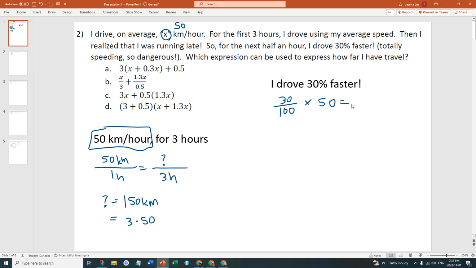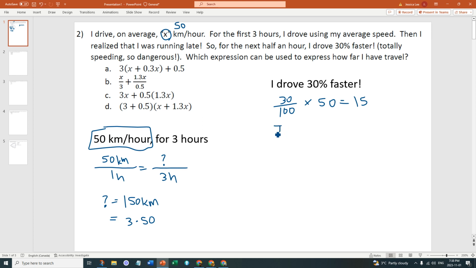So 30 divided by 100 times 50 will give me 15. But I'm driving faster, not slower. So hopefully you will see that 15 is how much I increased my speed by.